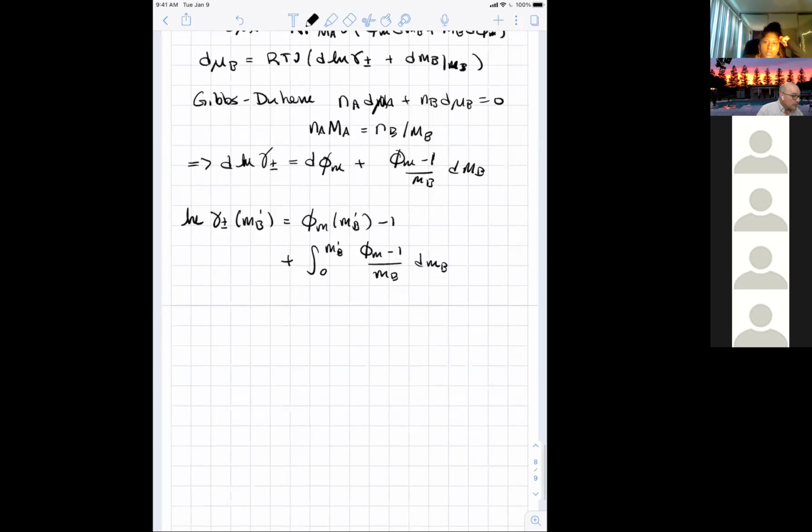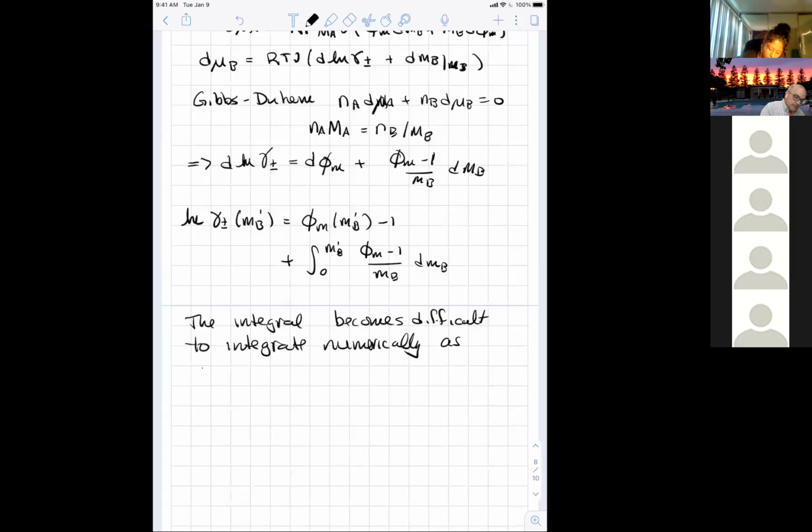Okay, the problem is the integral becomes difficult to integrate numerically as MB goes to 0, the slope goes to minus infinity, right?